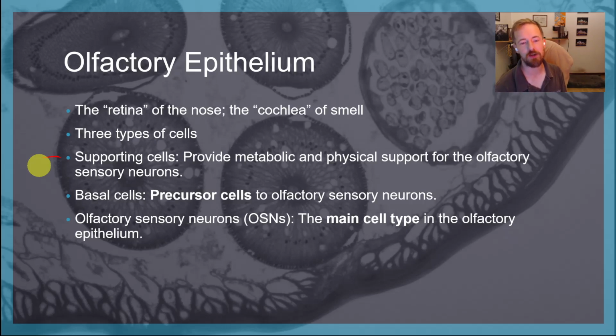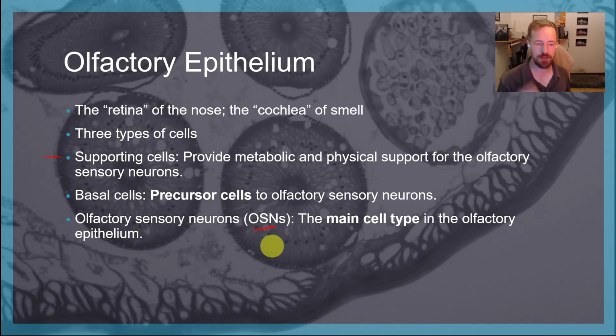That supporting cells really are going to support the olfactory sensory neurons. The olfactory sensory neurons are really kind of like the rods and cones of smelling, if you want to think about it that way.